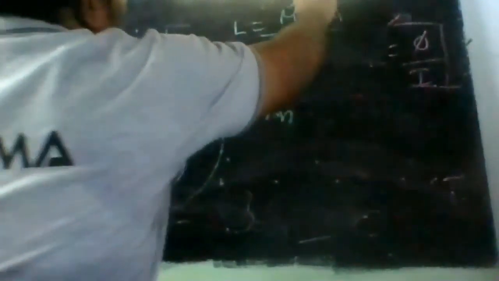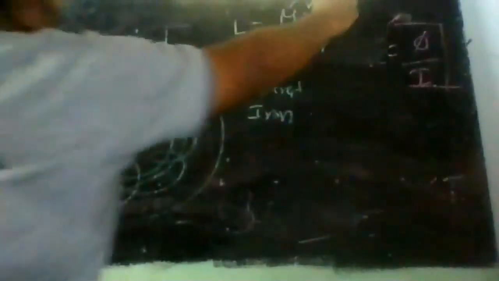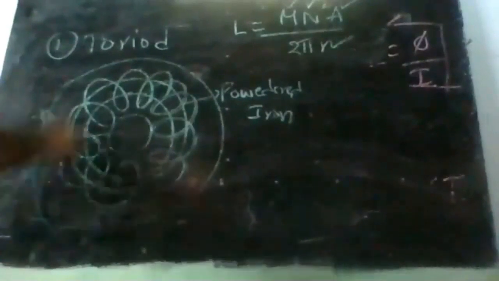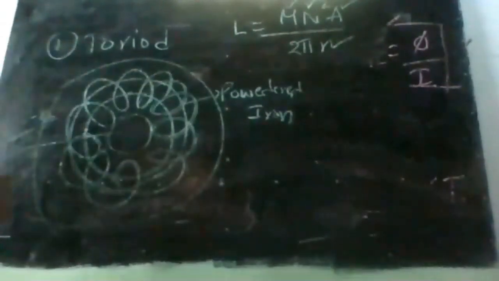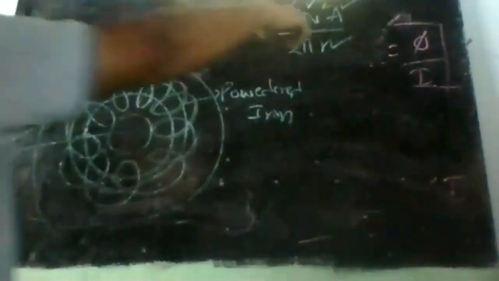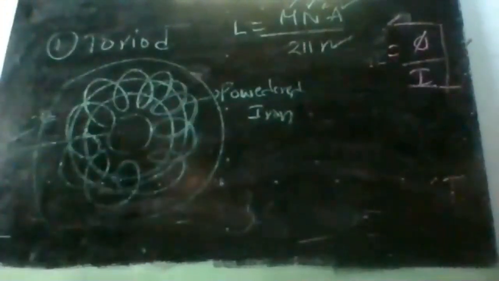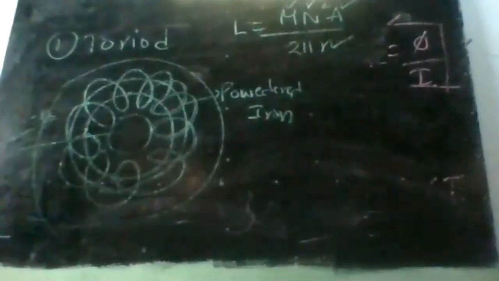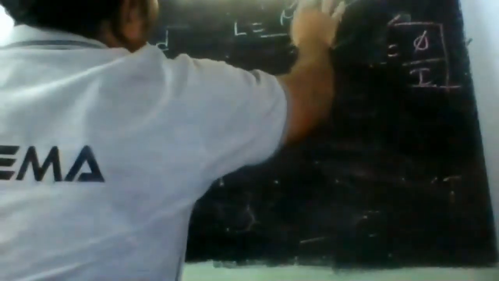Mu is the permeability of the material that we used, the magnetic material, n is the number of turns of the coil, A is the area of cross section of the coil, and r is the radius. So this is the formula, L is equal to mu n square A by 2 pi r.